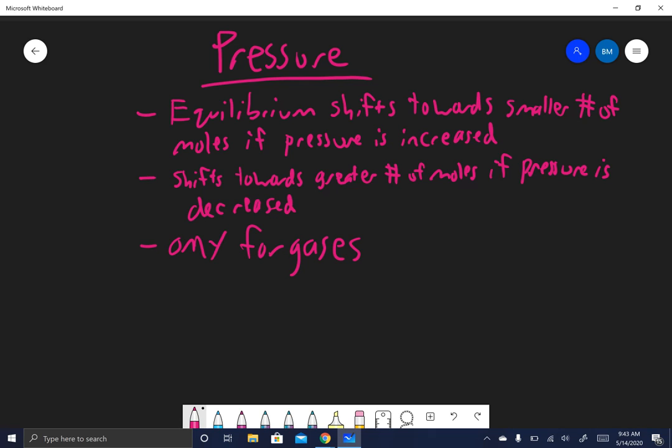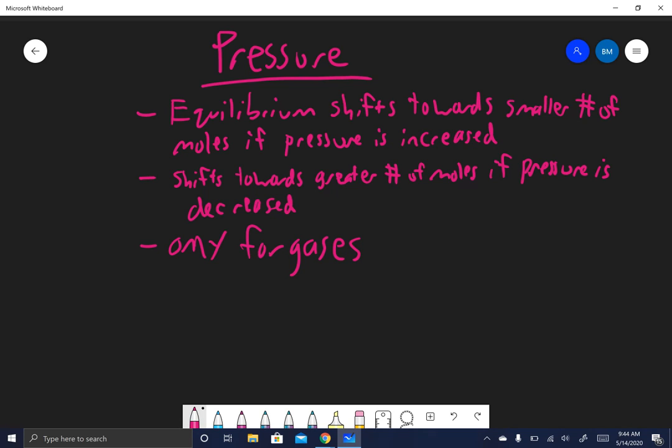So what this means is when you have a chemical equilibrium, a reaction at equilibrium in some sort of sealed container, and you increase the pressure on the entire container, or you decrease the pressure on the entire container, the reaction will change which direction it favors.